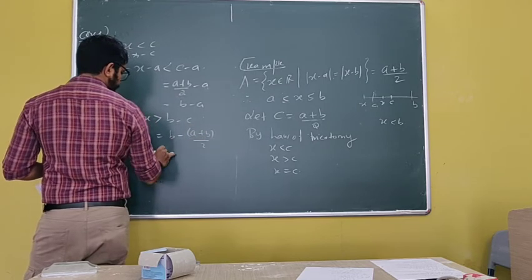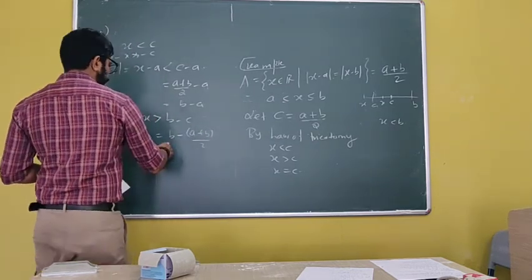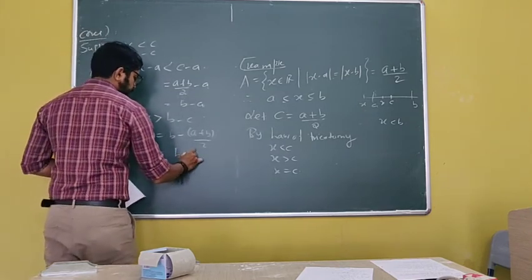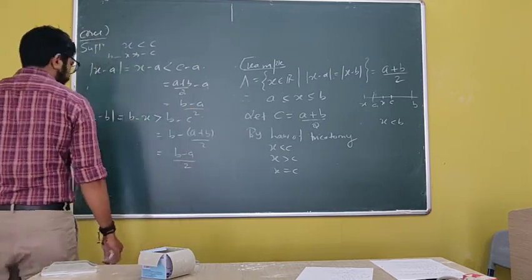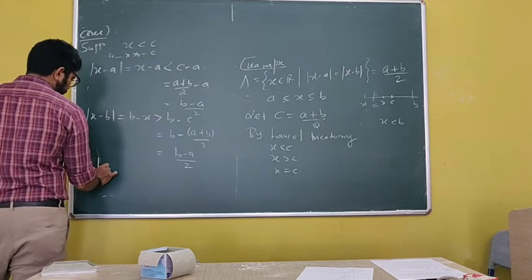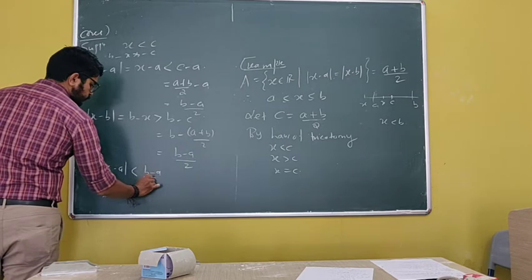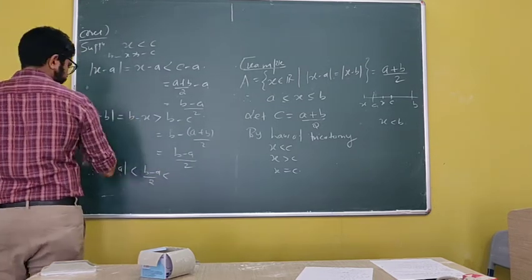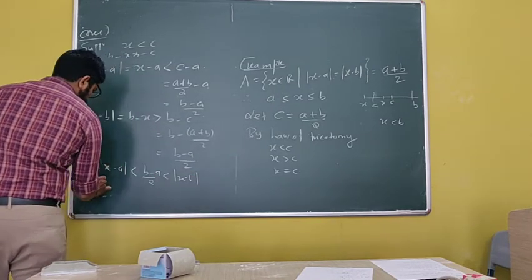So this would be 2b minus a minus b by 2, which is b minus a by 2. Therefore, x minus a is less than b minus a by 2, and b minus a by 2 is less than modulus of x minus b.